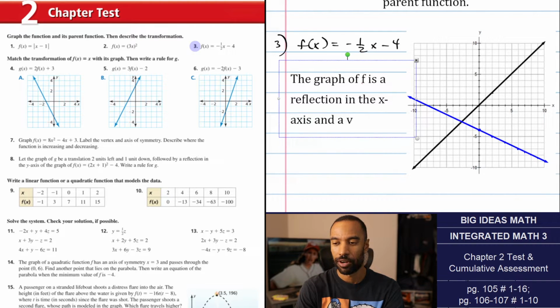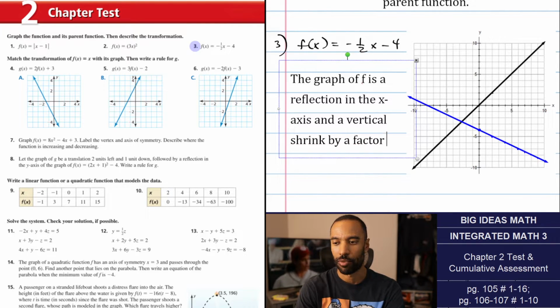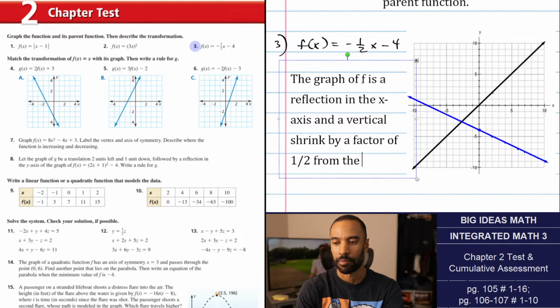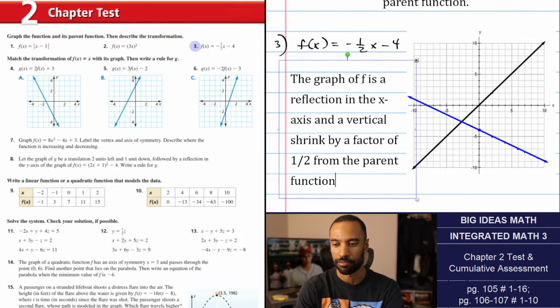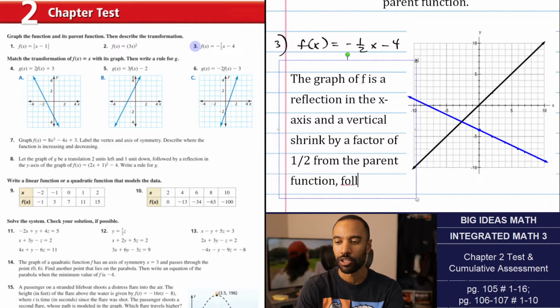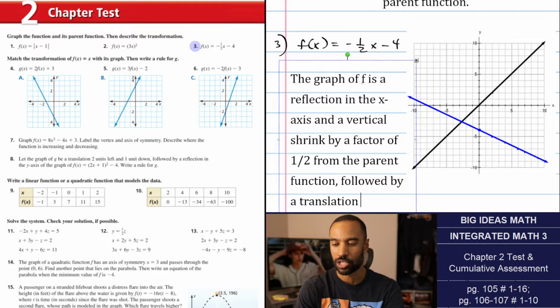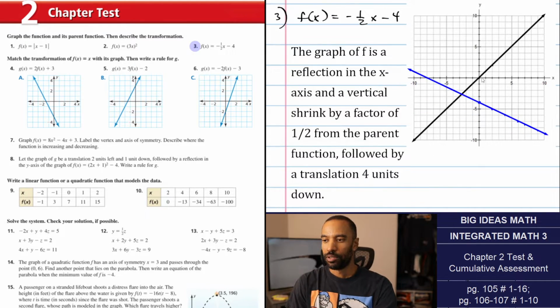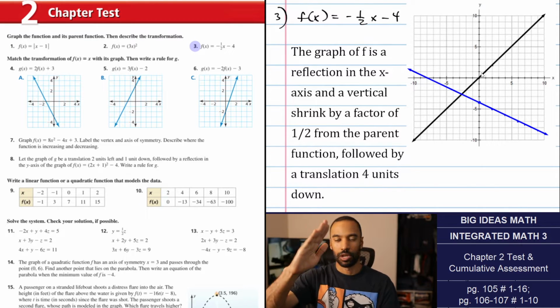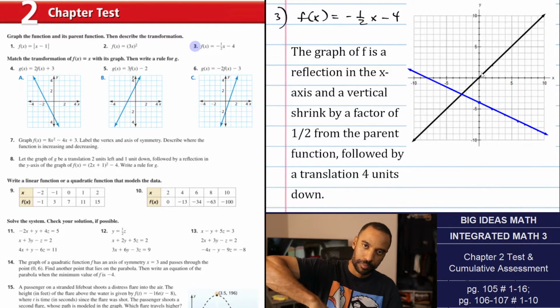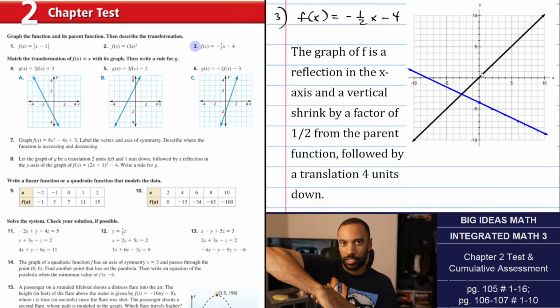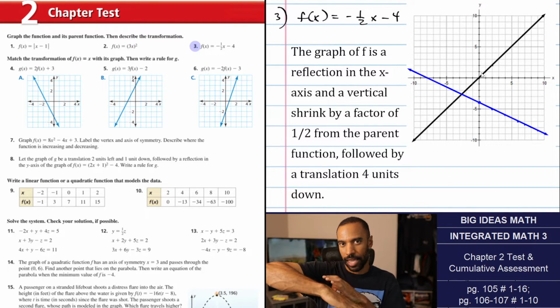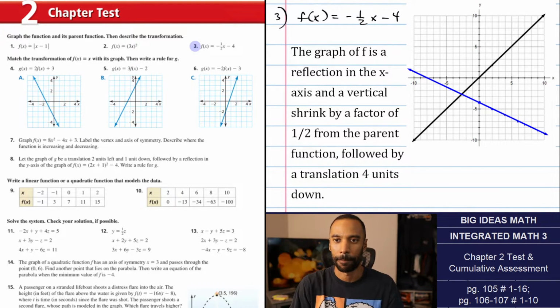And a vertical compression, or shrink, let's say shrink this time, by a factor of 1/2 from the parent function of y equals f of x, or y equals x, followed by a translation 4 units down. So this thing flips over from here to there. It compresses itself like that, and it goes 4 units down. That's where we get the 3.